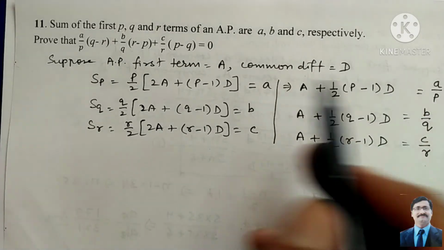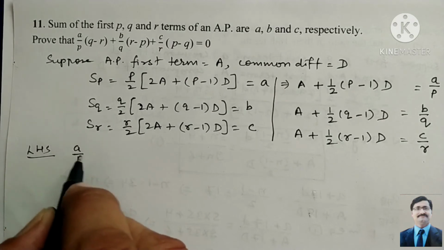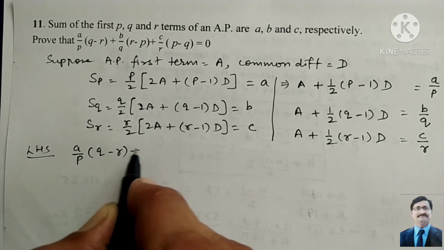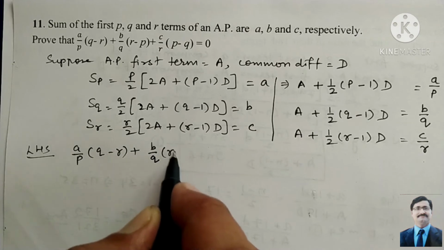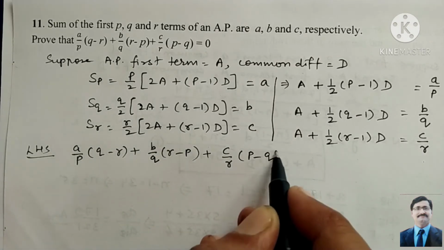These values we will put in the left hand side. Left hand side is (a/p)(q minus r) plus (b/q)(r minus p) plus (c/r)(p minus q).